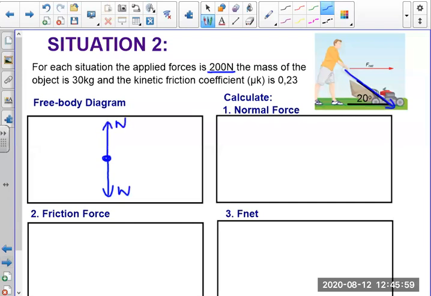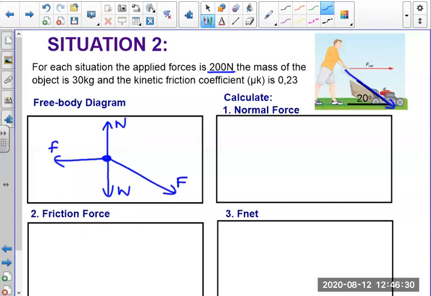Then I have the applied force, but my applied force is not horizontal. My applied force has an angle like that one. And I have a friction force, which is also, let's just put this in, that's the definition for a friction force: the friction force is always parallel to the surface, and it opposes the direction in which the object is moving.